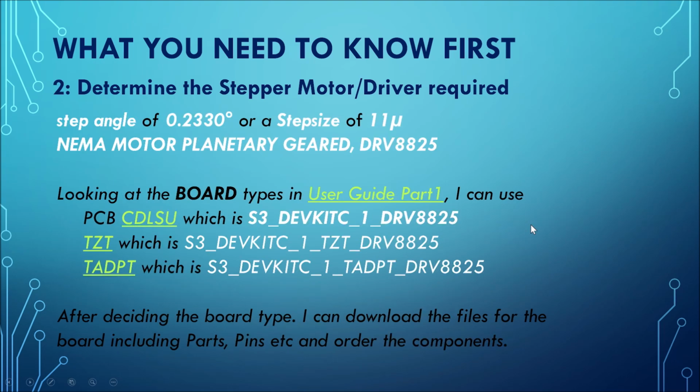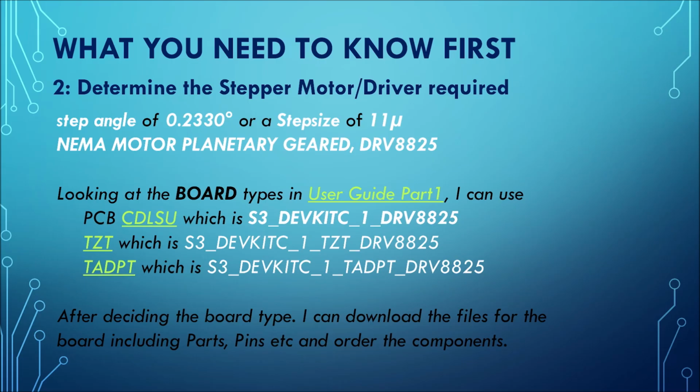We know what we're looking for now. I have a look in the board types section underneath the user guide part 1, and I see that I've basically got three choices. I can use a PCB, I can use the TZT board, or I can use the terminal adapter board.